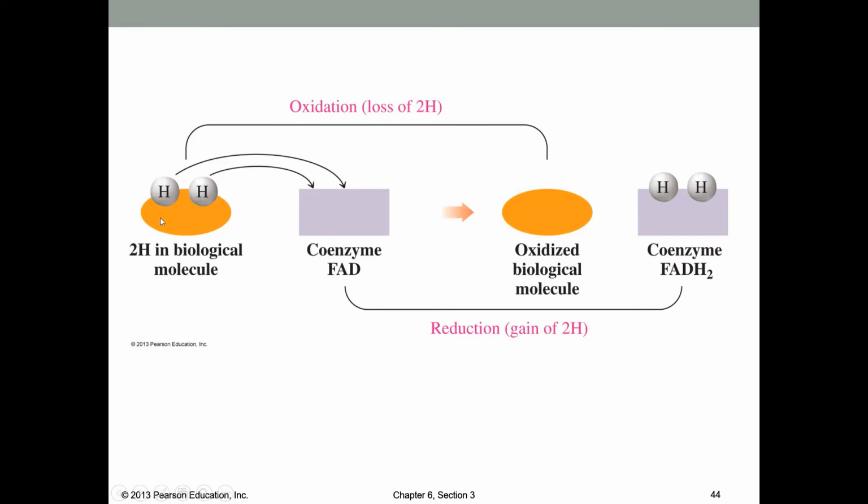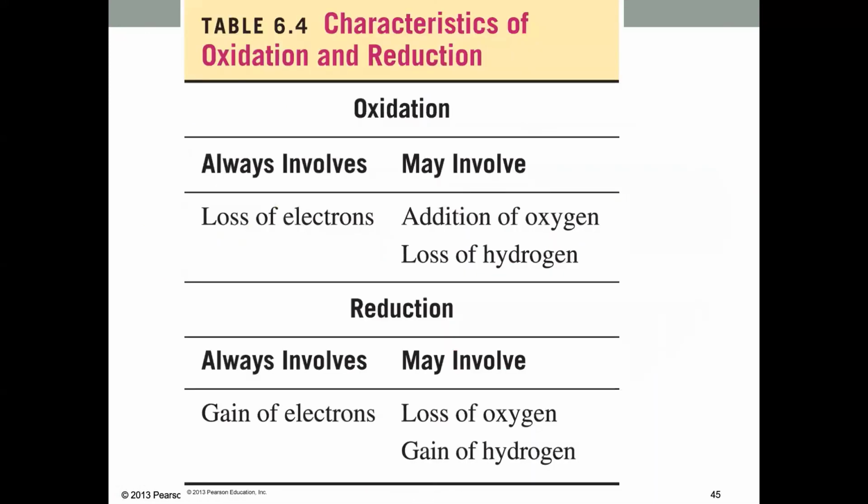And now, because this lost 2 hydrogens, this biological molecule has been oxidized in the process. But we will get further into that later in the semester. So just understand this, okay? It always involves a loss or a gain of electrons, but it may involve either adding or gaining oxygens or hydrogens, depending on whether we're in oxidation or reduction.